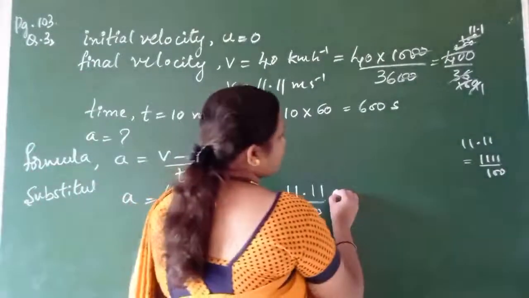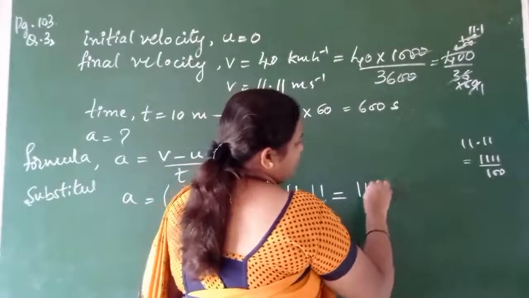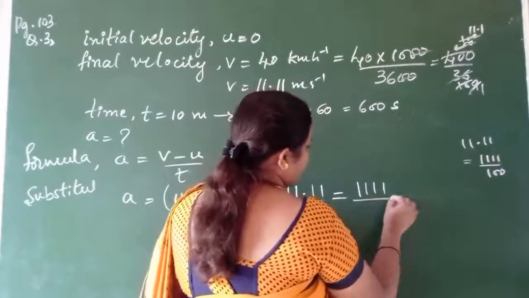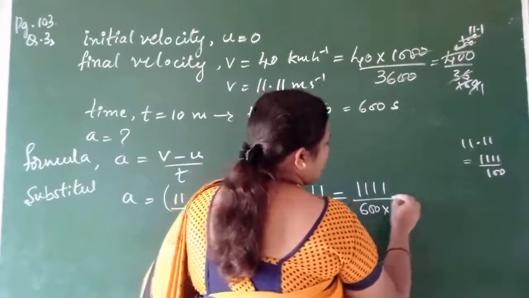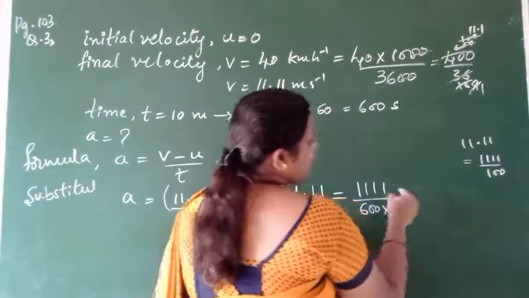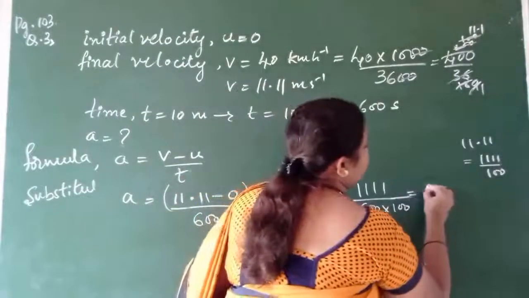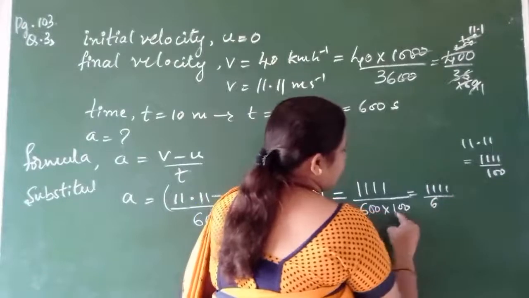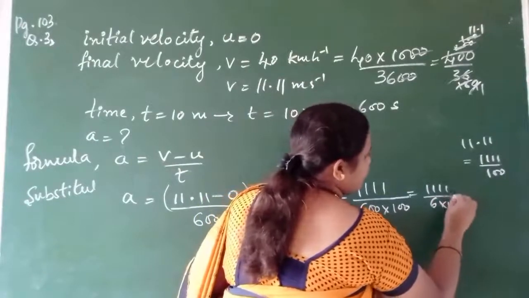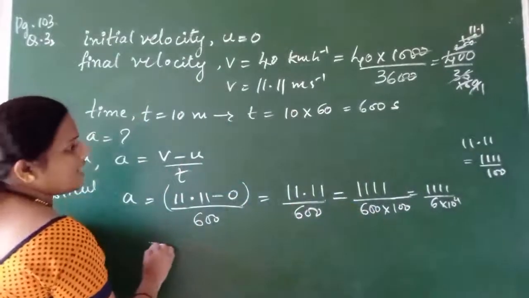So how can we write this now? 1111 divided by 600 into 100, because it went to the denominator. So which is equal to 111 divided by 6. What is left? 10 to the power of 4 zeros. Isn't it, children? So what is that?